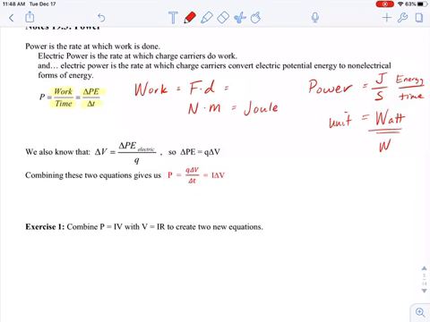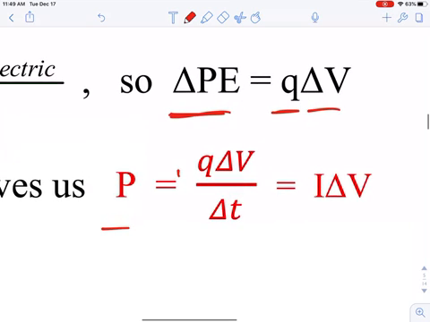Okay, so back to power. We also know that change in voltage or potential difference is equal to change in potential energy over charge. And we can rearrange that to say potential energy equals charge times potential difference. And if I rearrange this, I get power equals Q, that's charge, times voltage over time.